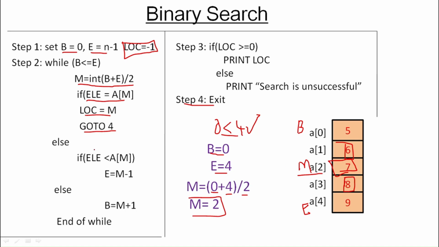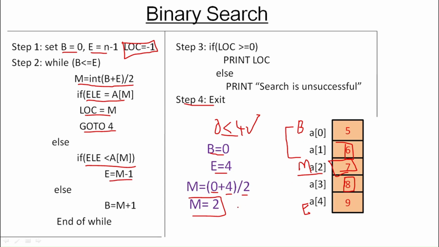We will go to this step. First we should ask whether the element is less than a of m. If my search element is less than this middle number, then it searches only in this part and sets end equal to m minus 1.